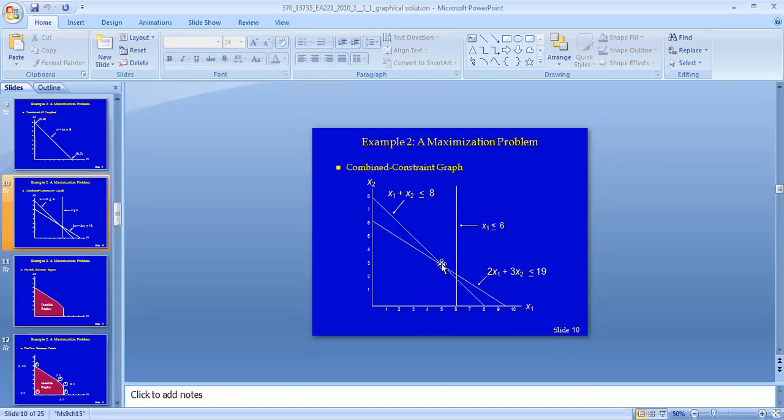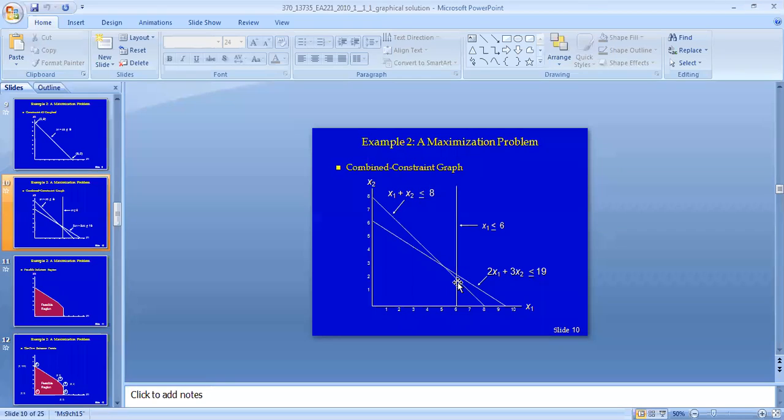Actually these points are the intersection points of what? Constants 2 and 3. And this is the intersection point of constants 1 and 3.